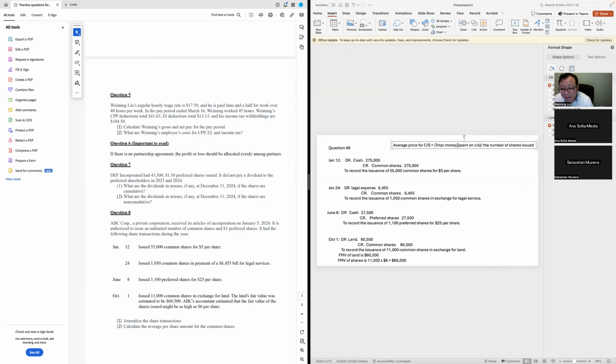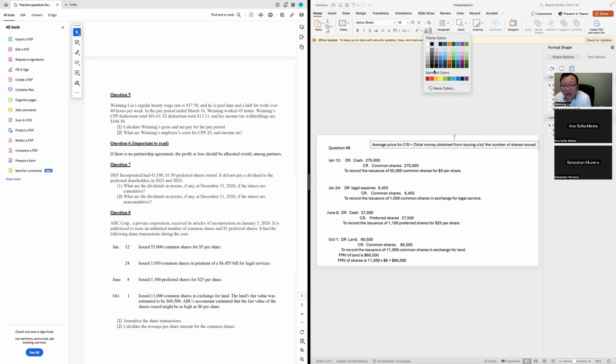Total money obtained from issuing common shares. So this is how you calculate the average, right? What's the total amount of money you received from issuing all these common shares? So that's the dollar amount.